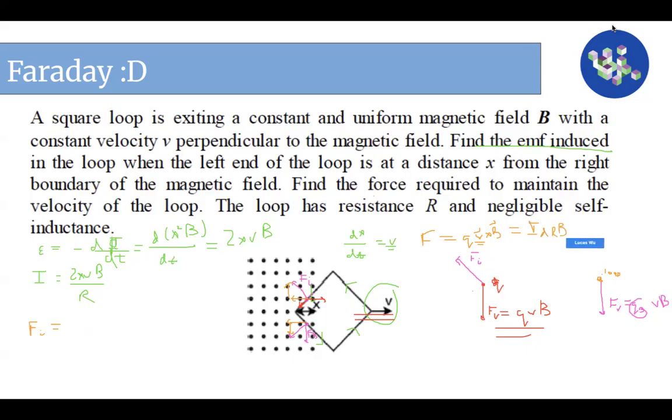So I'd say Fi is equal to I dl cross B. Now, when I do the cross product, it still remains as we can treat it as a scalar product because the velocity and the magnetic field are perpendicular. But because we're only concerned with the vertical component, we multiply it by the sine of this angle. But that angle is just 45 degrees.